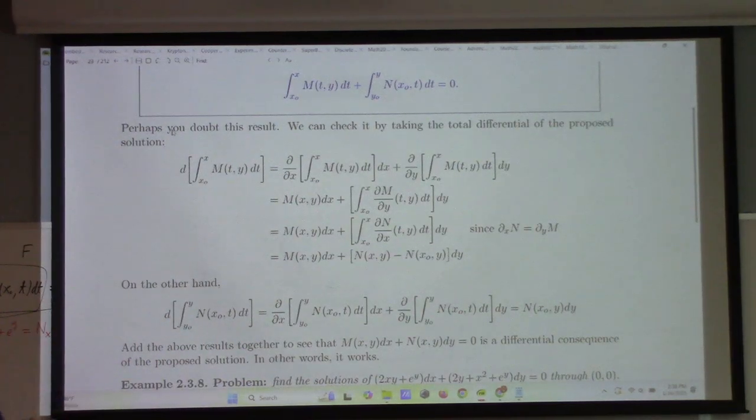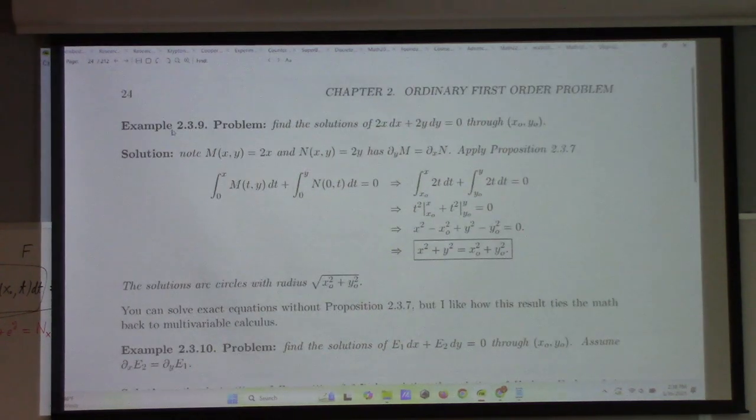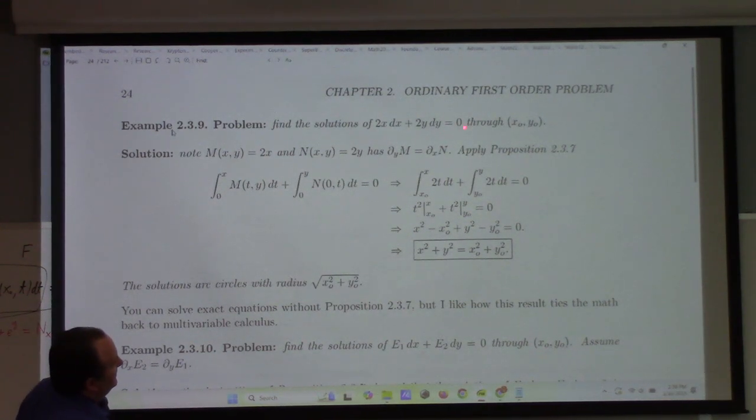So this is a slick formula you can use to directly calculate the solution to an exact equation if you want. I don't always use this. In fact, I tend to forget it, but I think it's fun to look at. Here's an actual example with it. Another one: if I have 2dx plus 2dy equal to 0 through x naught y naught, the formula gives me this, which pops out x squared plus y squared equals x naught squared plus y naught squared.